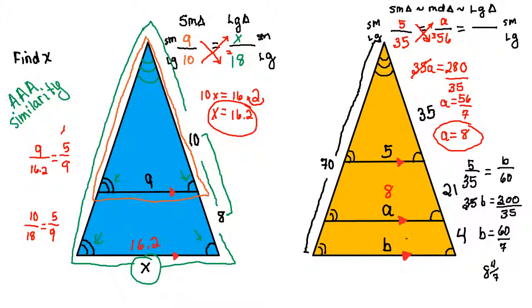Yep. And so this one is 8 and 4/7, just a little bit larger. So you can find all the sides of a triangle just by using your AAA similarity. Apples to oranges.